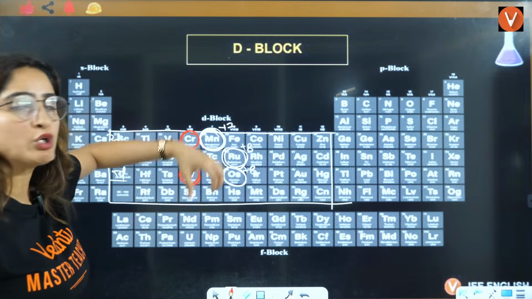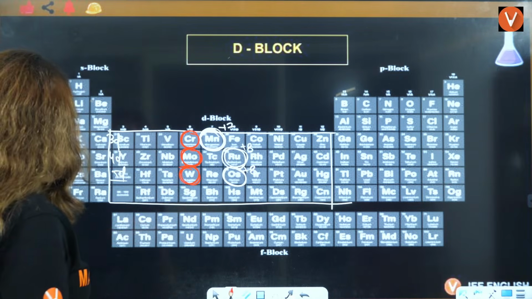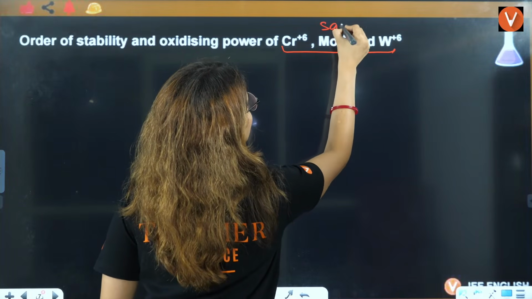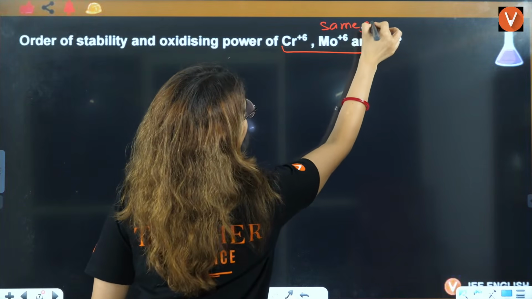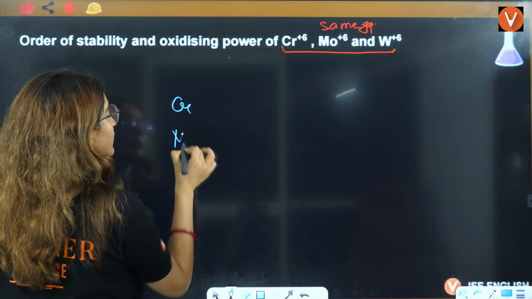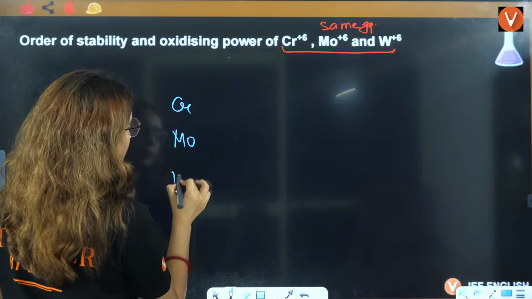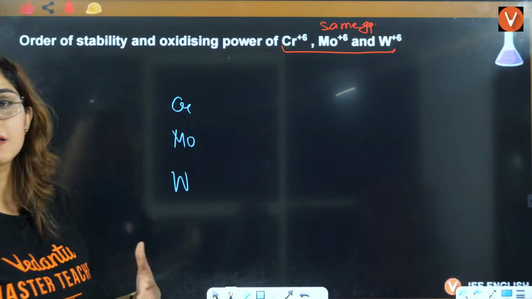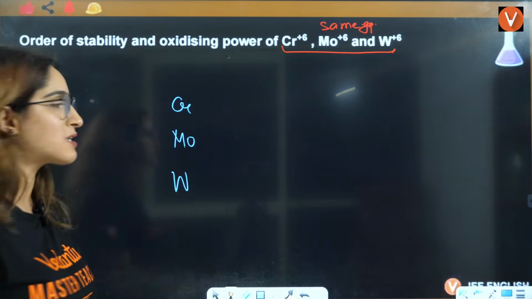So they belong to the same group, right? Now, we are saying that the stability of +6 oxidation state will increase down the group.